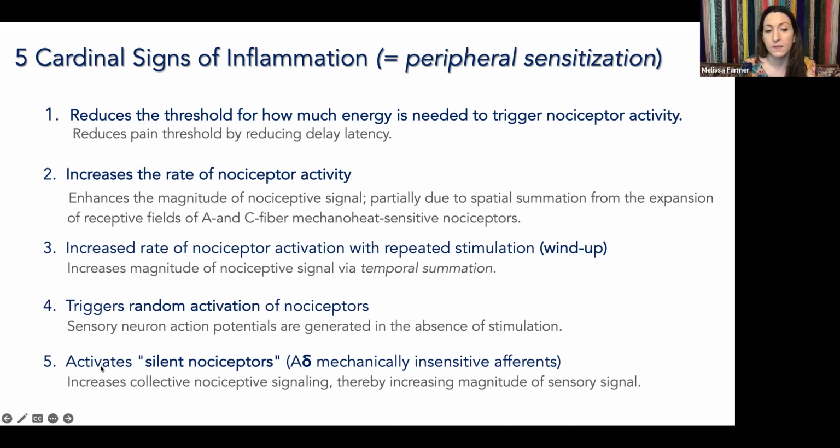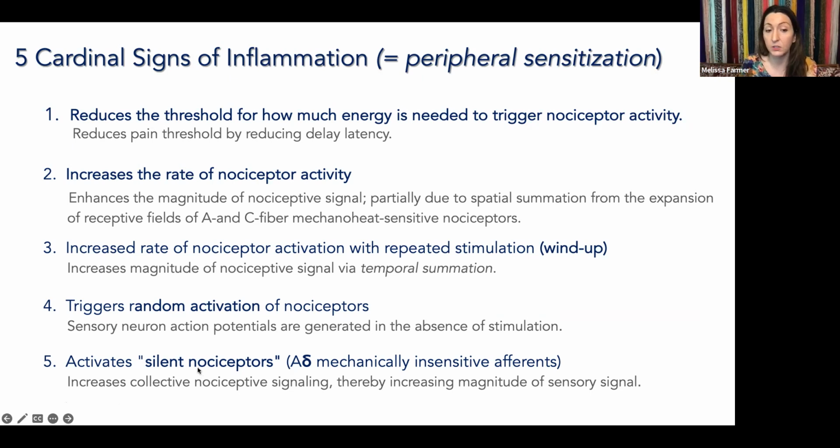The final thing is silent nociceptors are activated, which is a very special class of nociceptors that are activated only in cases of inflammation. In all other cases, you could press on these, you could try to trigger them, and they wouldn't respond to noxious stimulation, and all of a sudden they do now.